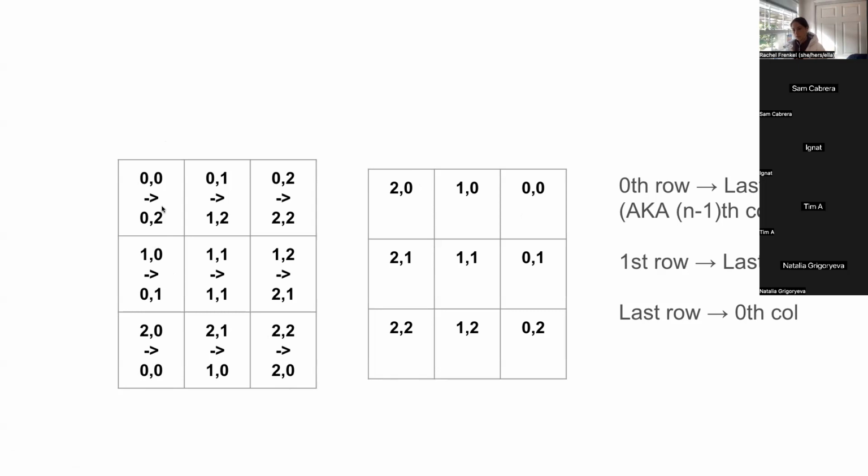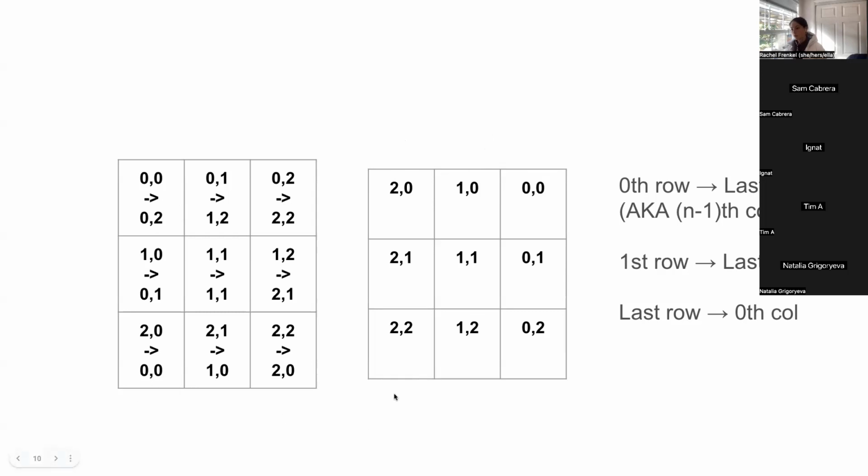So here, this is n minus 1 minus 0, which gets us to this last column. Here, it's n minus 1, which is this column, minus 1, because we're backing off, one column behind the last one. Here, this is n minus 1, minus 1, minus 1. Gets us here. And so on and so forth.